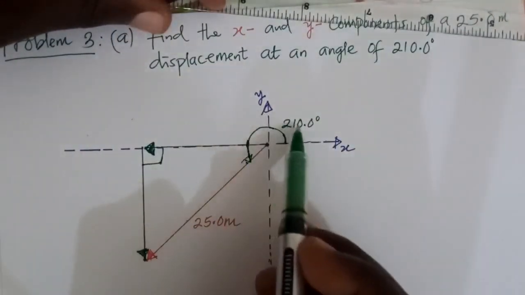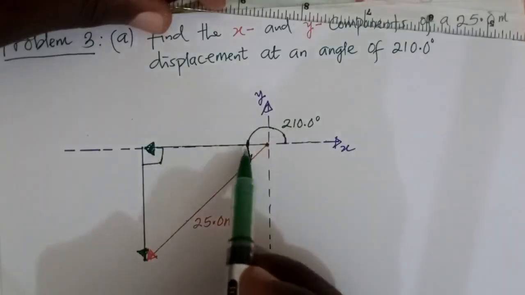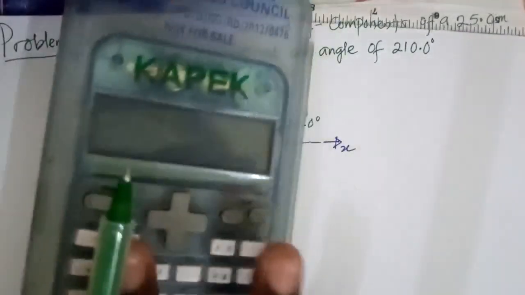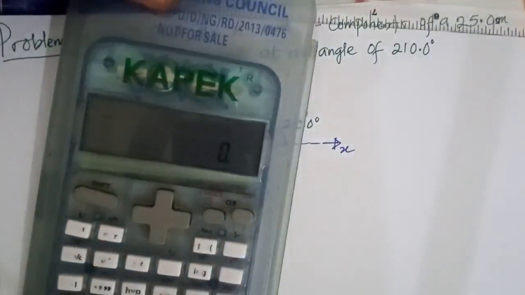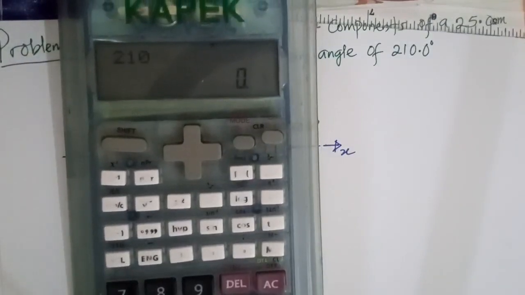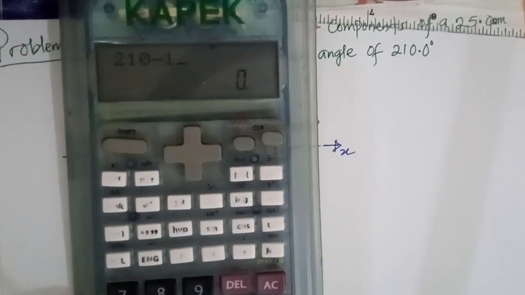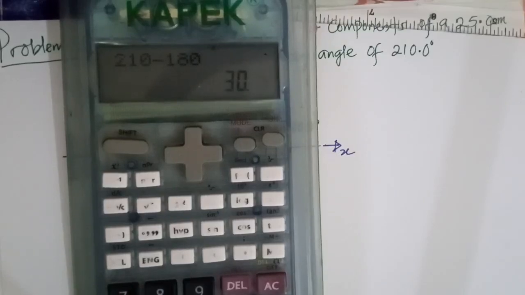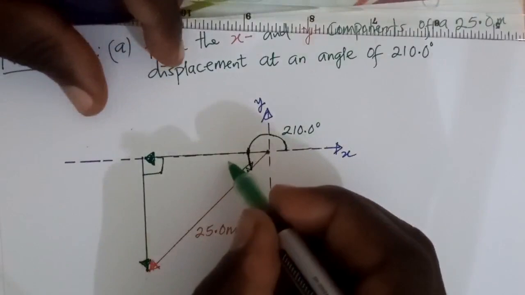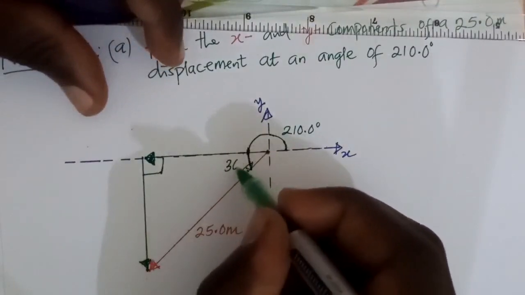So I will say 210 minus 180 degrees. So you bring your calculator, and say 210 minus 180, and this will give you 30 degrees. So the angle you have here inside is 30 degrees.